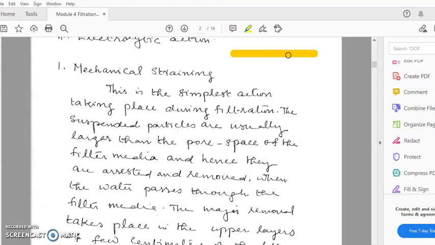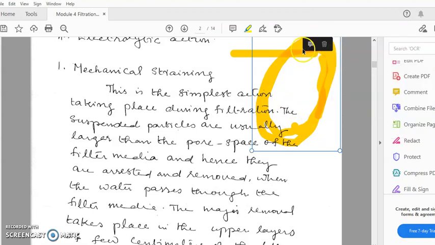So when the water is passing through the sand bed, the particles which are larger than the pore space of the filter media will be arrested there and removed. And usually, if you can see, there is a filter bed, rectangular in shape.